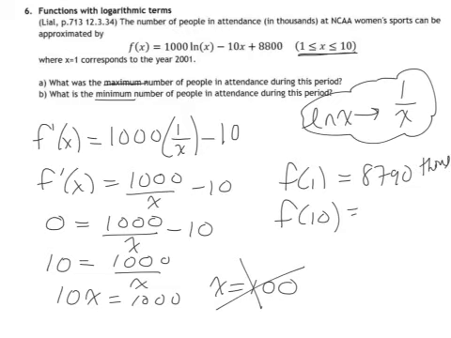And f of 10 is 11,000 and 2,000. So we can see that f of 1, in 2001, is our absolute minimum, and f of 10, so in 2010, is the absolute maximum.